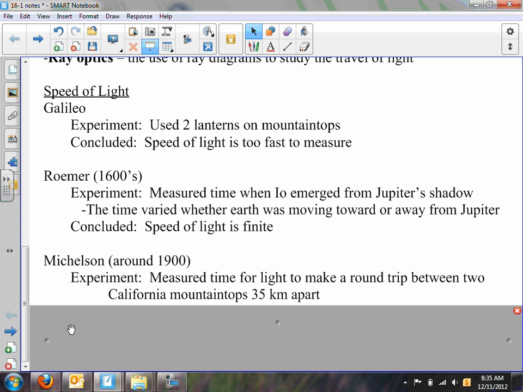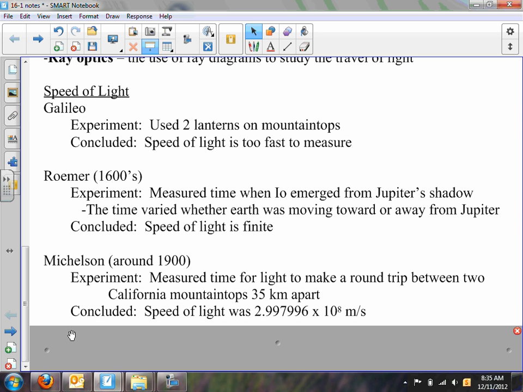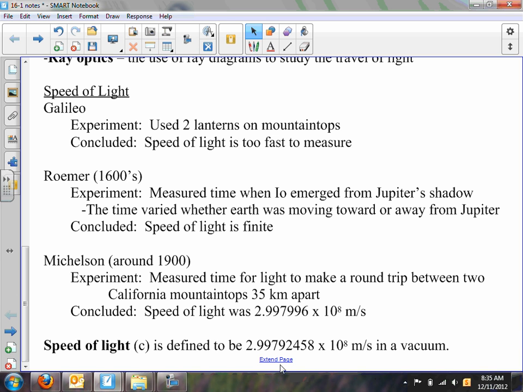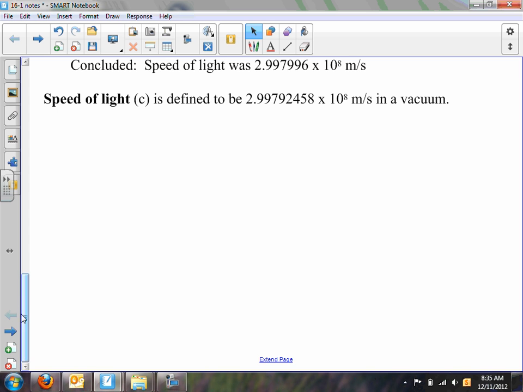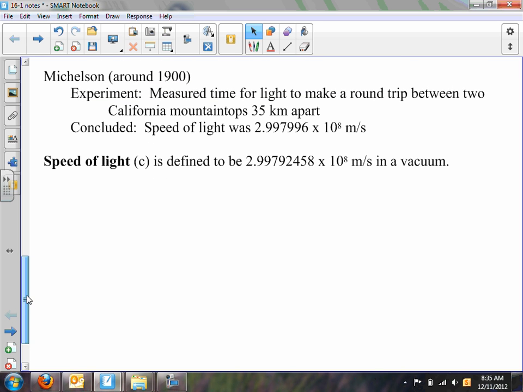He was able to conclude that the speed of light was around 2.997996 times 10 to the 8th meters per second, which is very close to what we believe it to be now, 2.99792458 times 10 to the 8th meters per second.